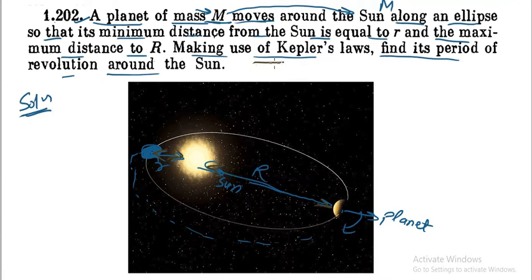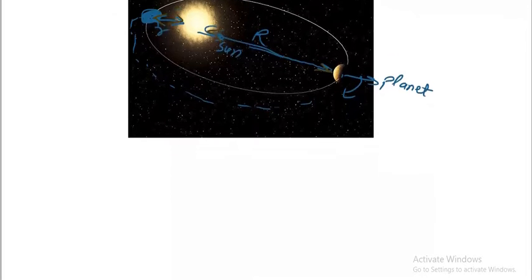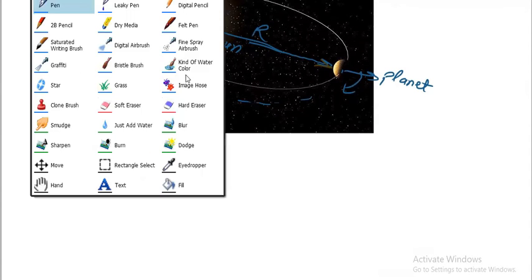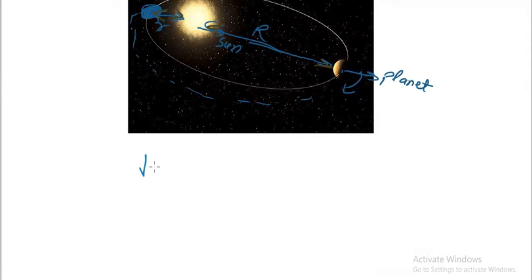And it is said that by using Kepler laws, we need to find the period of revolution around the sun. So let us solve it. We know that the time period of revolution of a planet in an elliptical path around the sun is given by T equals 2 pi a times under root a by GM.